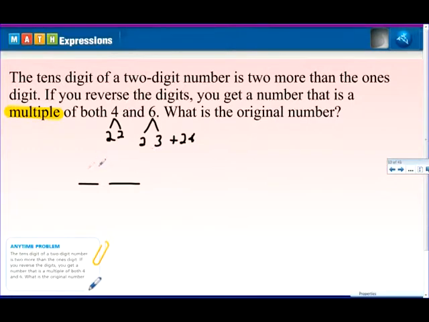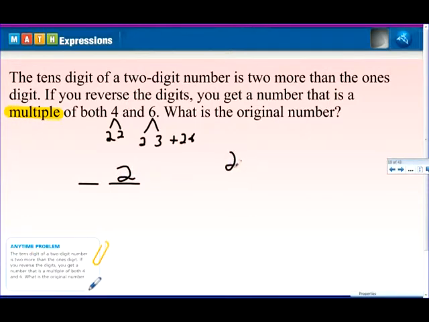So let's try putting 2 in there. The tens digit of a 2-digit number is 2 more than the ones digit. If you reverse the digits, you get a number that is a multiple of both 4 and 6. Well, let's try 2. Let's put 2 here.